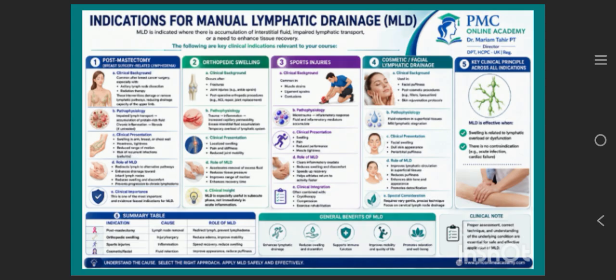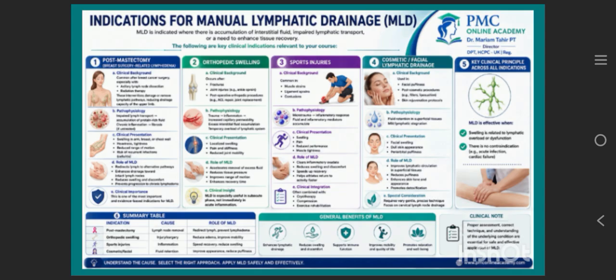Okay, next we will look at the pathophysiology of it. First is fluid retention in superficial tissues, second is mild lymphatic stagnation. Okay, next is clinical presentation. Firstly facial swelling, second dull skin appearance, third periorbital puffiness.